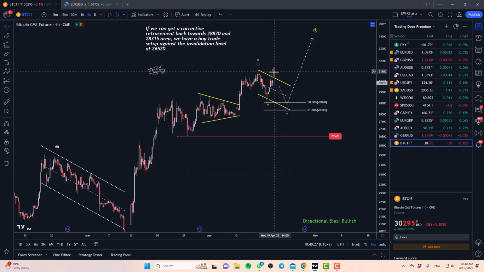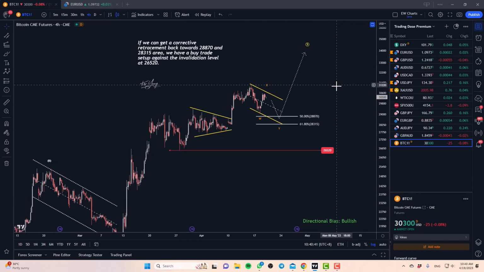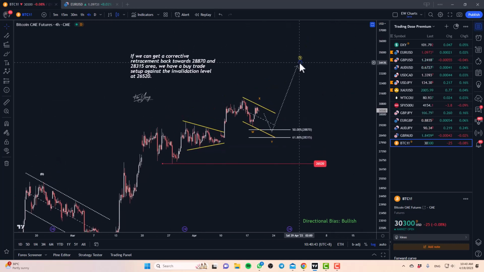And if you can get that, of course, then the buy area will be around the 50 and 618, giving you around 28870 to 28315. And of course, the invalidation would be the recent low here at 26520. Upside here, we don't really have a direct target because you can look at it from a long-term perspective, and then you just manage your stops and trail it.